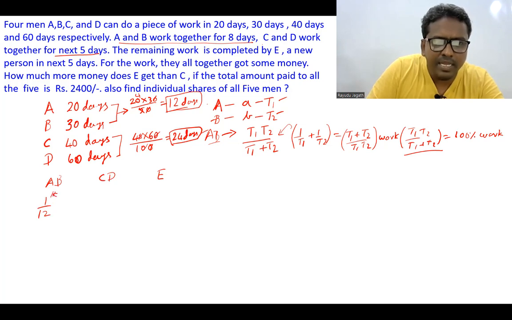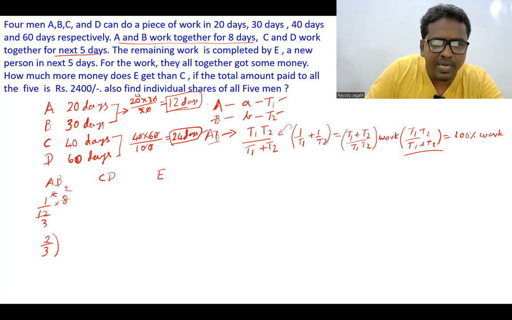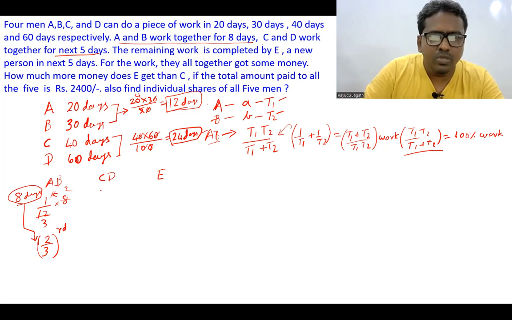So in 8 days, they can do 4 twos, 4 threes. So 2 by 3, 2 by third part of the work is done by AB during the first 8 days.